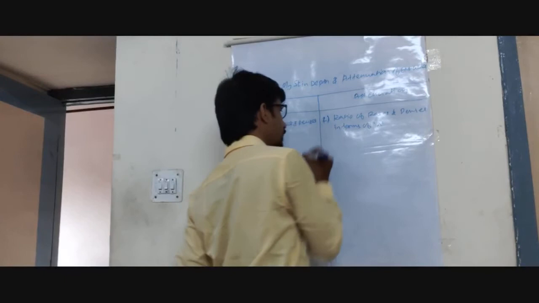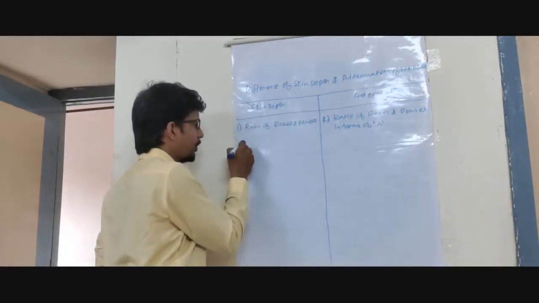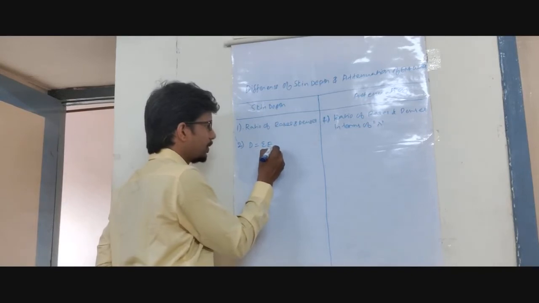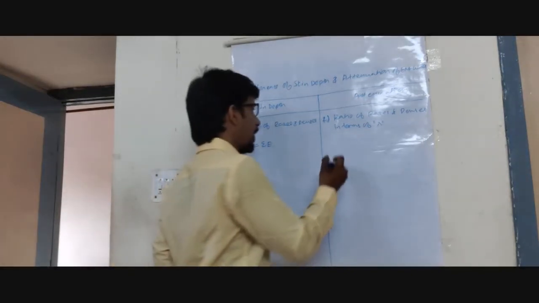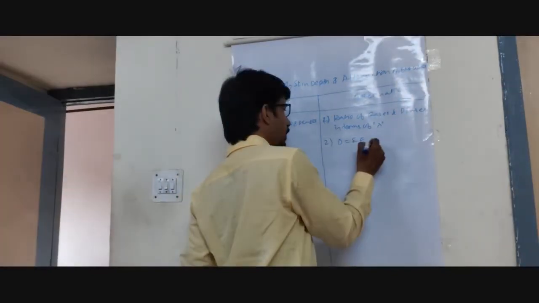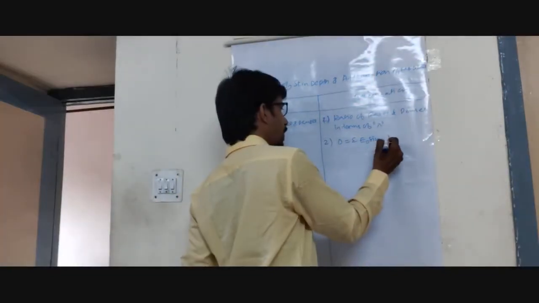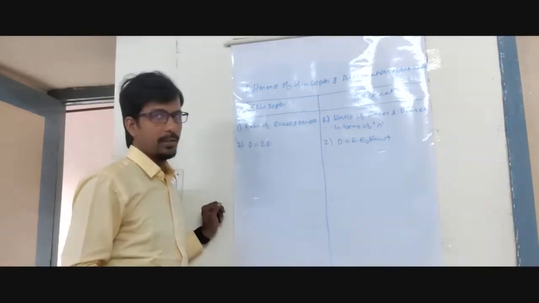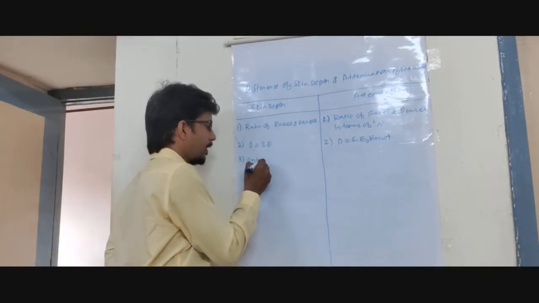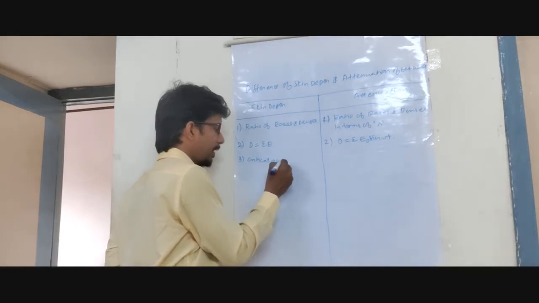Wonderful. That is the first difference. The second difference is in the formula: D equal to epsilon naught E, and here in the second formula, D equal to epsilon naught E naught sin omega t, because it is related to the lambda wavelength. And here, it is critical angle dependent.